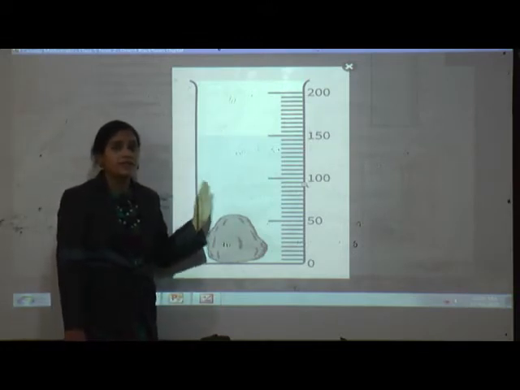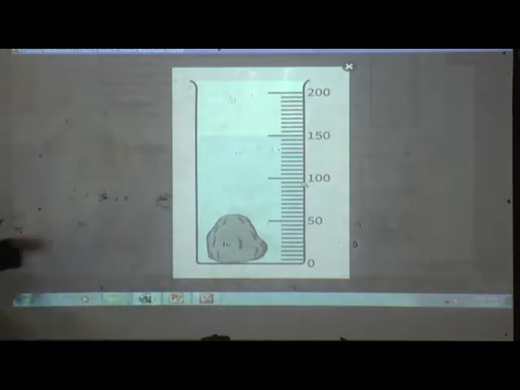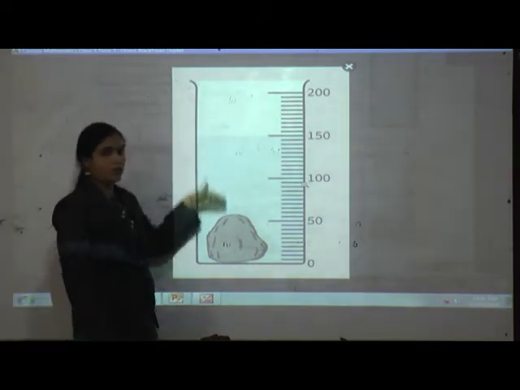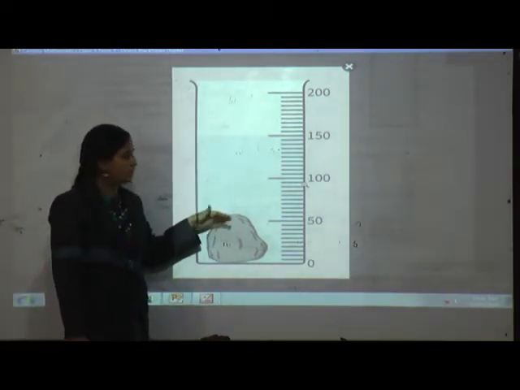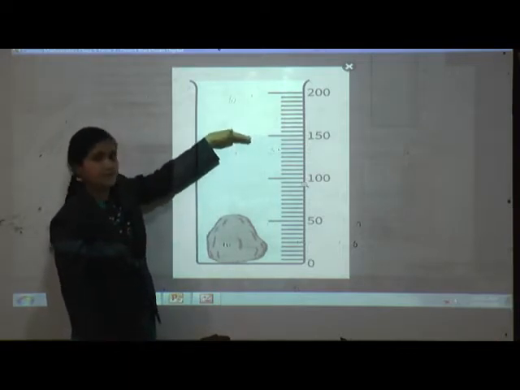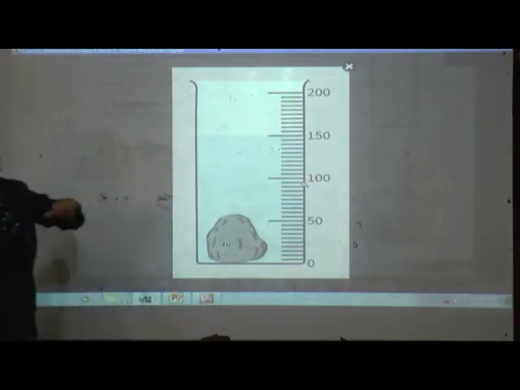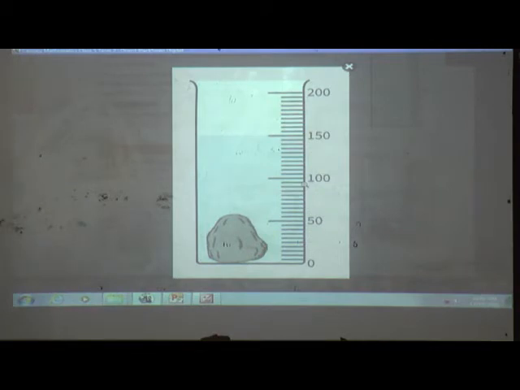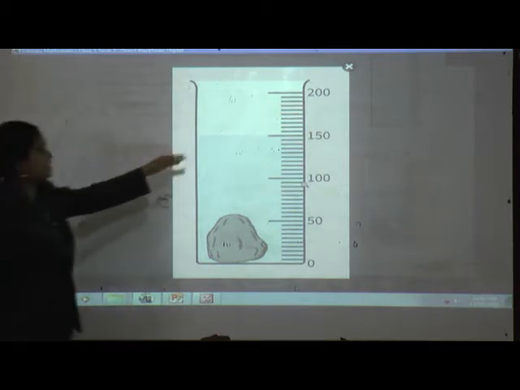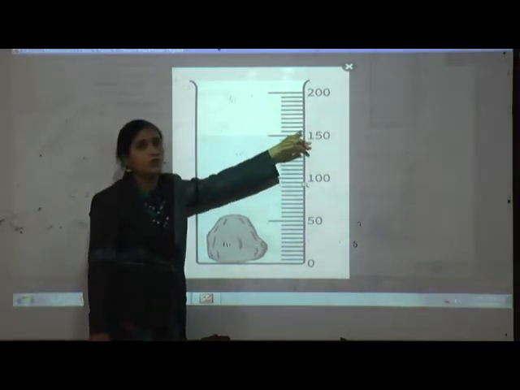When you put the stone in the water, the water level rises up. Students, take the new reading of the water level. You can see this one is the new reading.